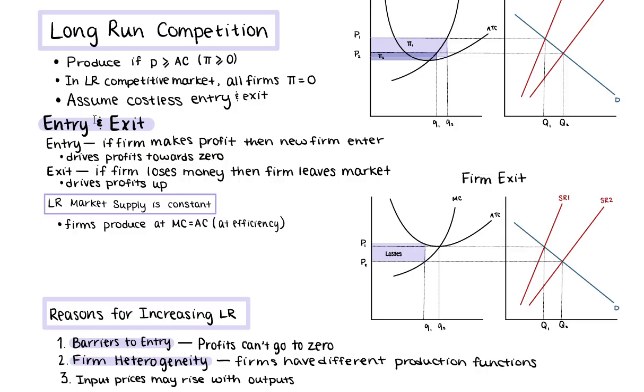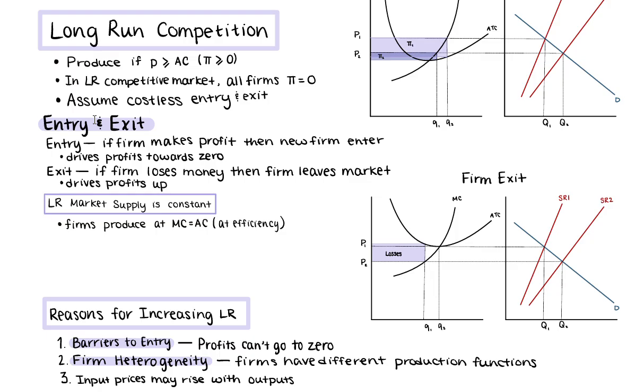What is entry and exit? Entry is, if firms make profits, new firms enter because they want to make profits too. So this drives profits towards zero. That means more firms come in and you become more competitive.